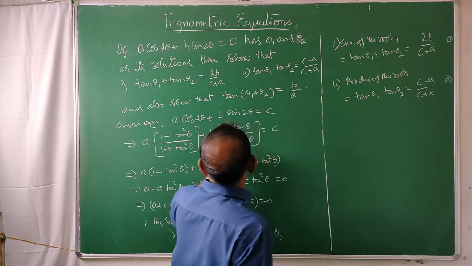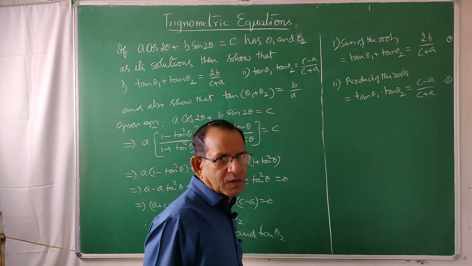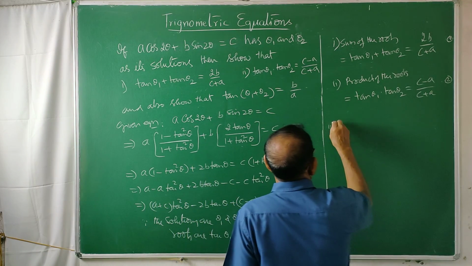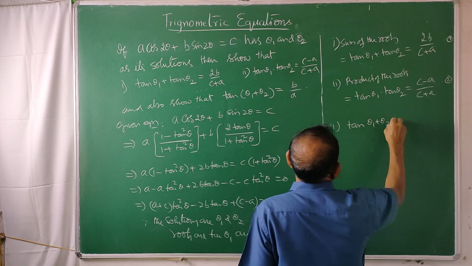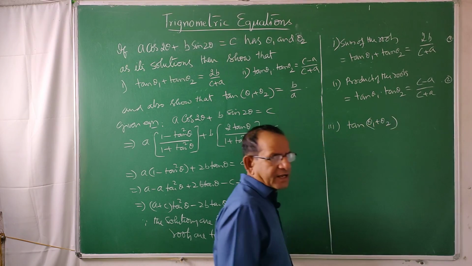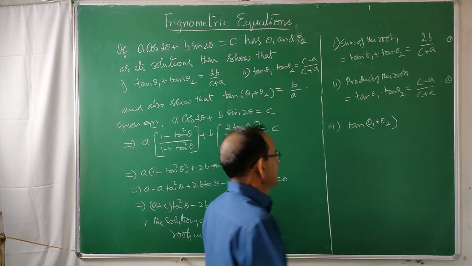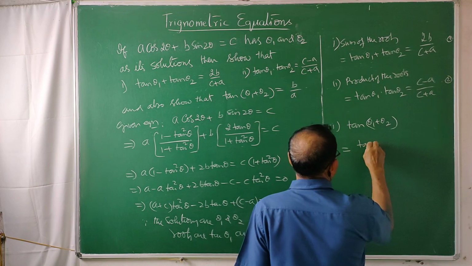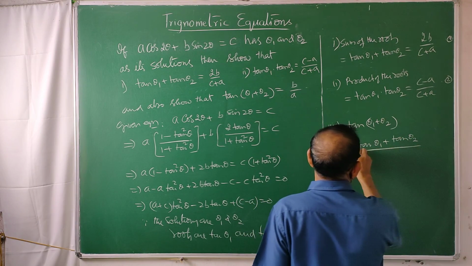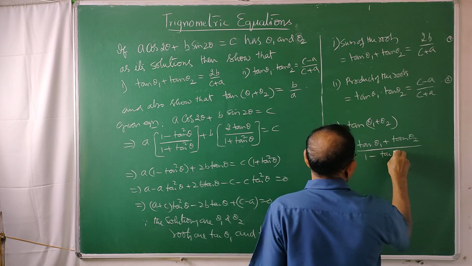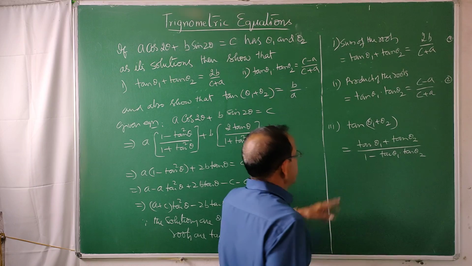Now we have to find the value of tan of theta 1 plus theta 2 also. Third one, tan of theta 1 plus theta 2. We apply the tan A plus B formula, tan A plus tan B by 1 minus tan A tan B. That is tan theta 1 plus tan theta 2 by 1 minus tan theta 1 into tan theta 2. We have both the values.